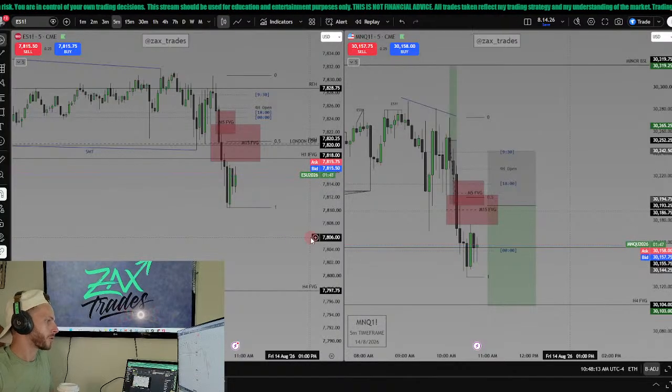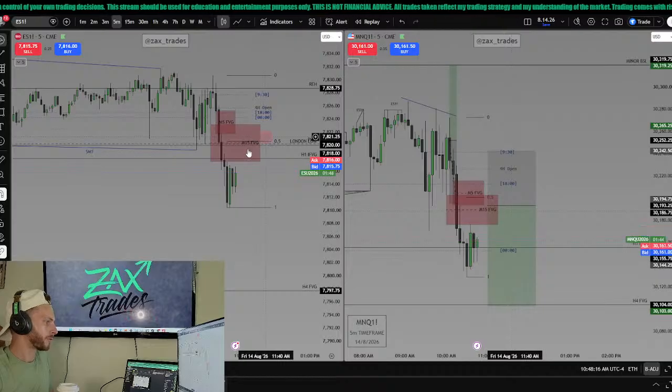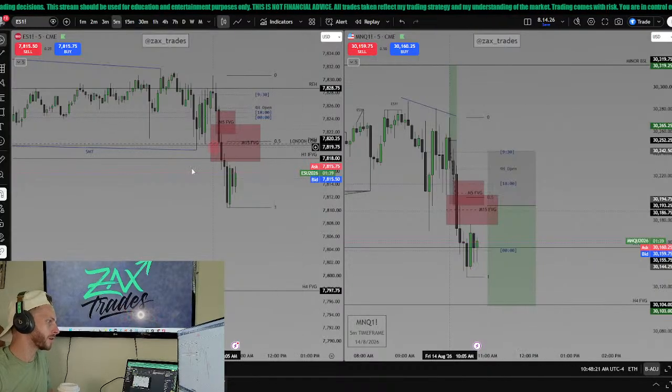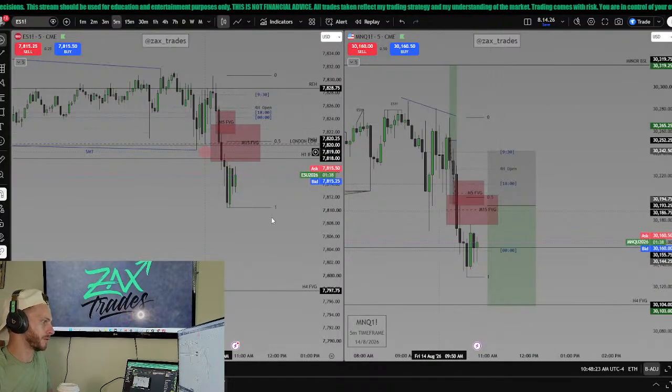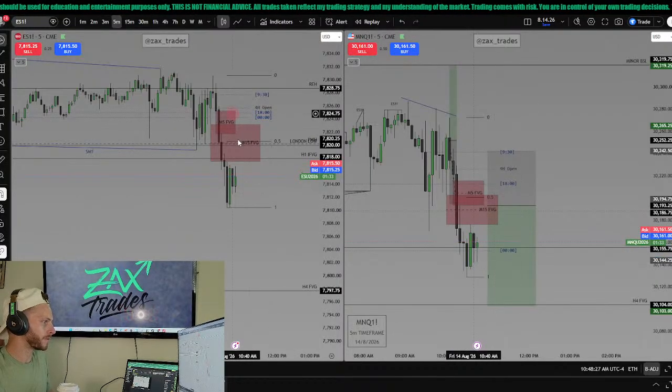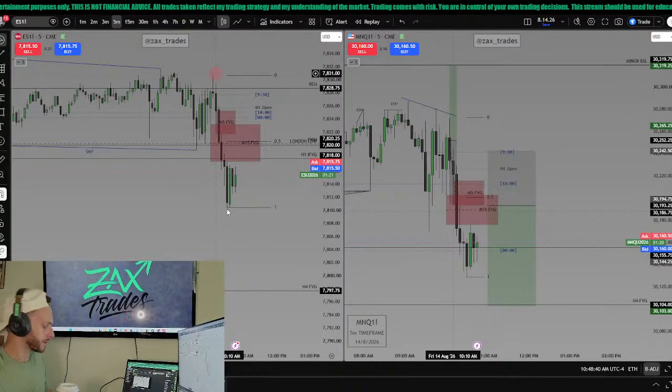Like your 4-hour chart, no, this is not your equilibrium of your 4-hour range. It's relative to the time period. So I have a 15-minute PD array, my 15-minute dealing range. I have a 5-minute PD array, my 5-minute dealing range. Sometimes they are the same. In this case, the 5 and the 15 are the same dealing range because they didn't have any up close candles from this high up here down into this low.